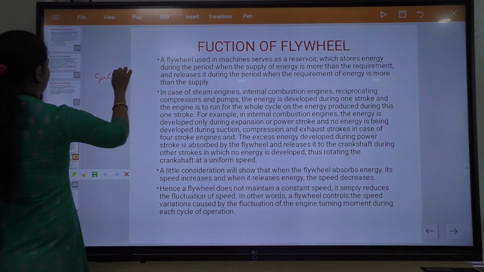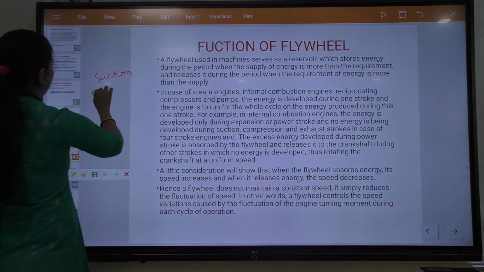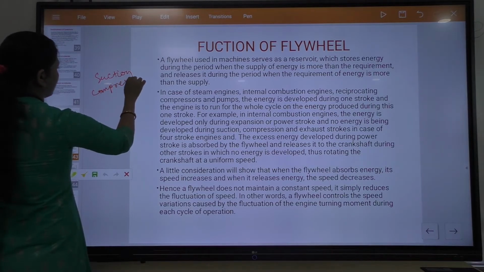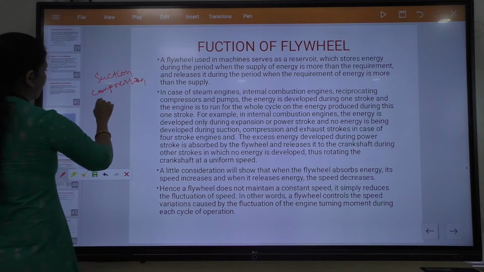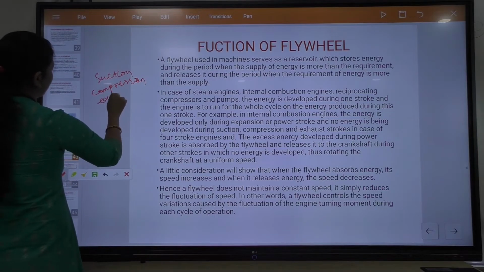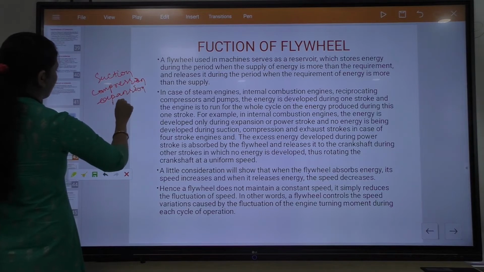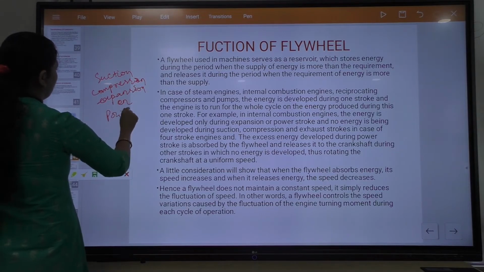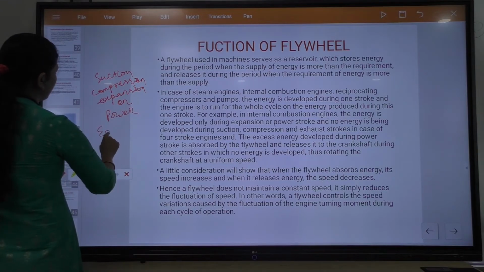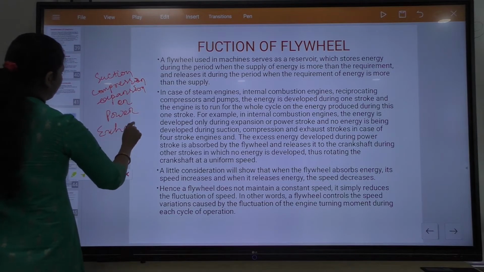So, the strokes are suction, compression, expansion or power, and last one is your exhaust stroke.